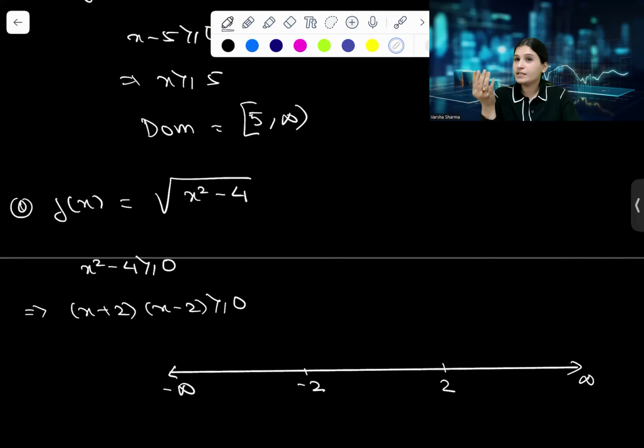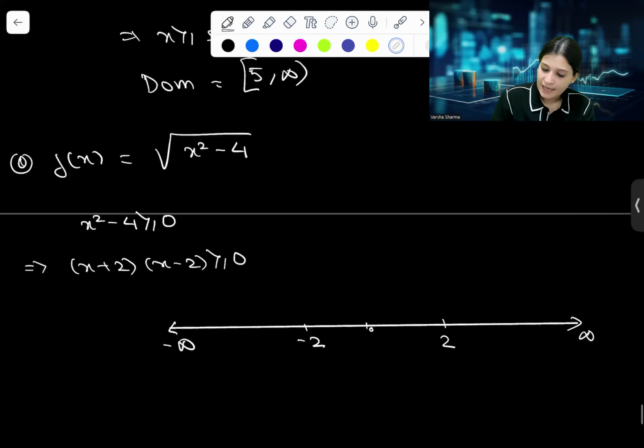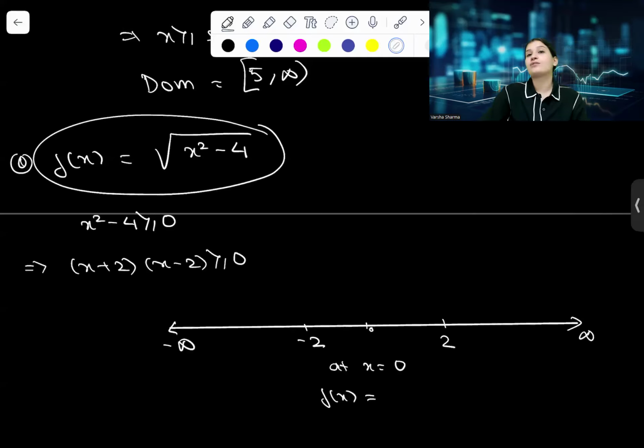So what we will do is, we will take a number from any one of the 3 portions. Say 0. Where will 0 be? So at x equal to 0, I will see what will be my function. In your original function, put x equal to 0.